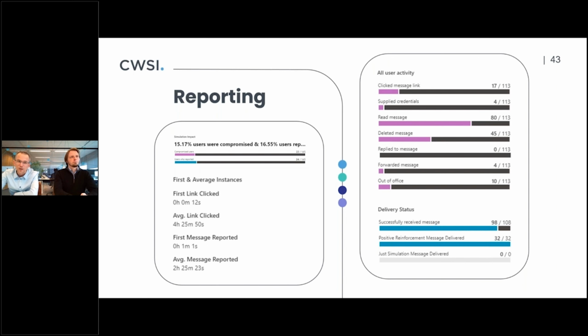And the components of this all user activity reporting part might differ based on the attack simulation training technique. For example, when we are talking about OAuth consent grant, supplied credentials isn't involved in this attack simulation training campaign. So supplied credentials could be replaced by something like provided OAuth consent grant.